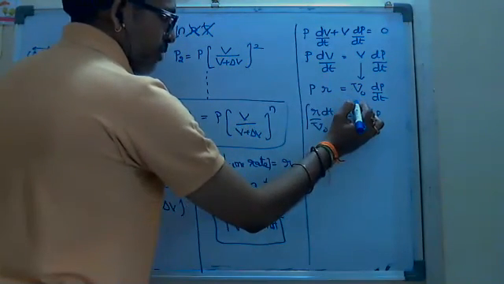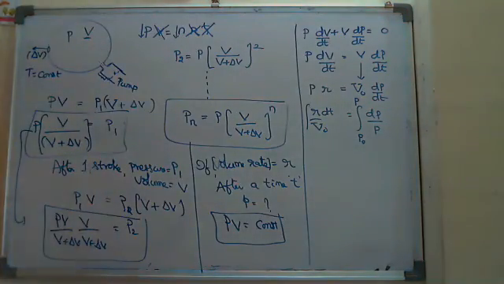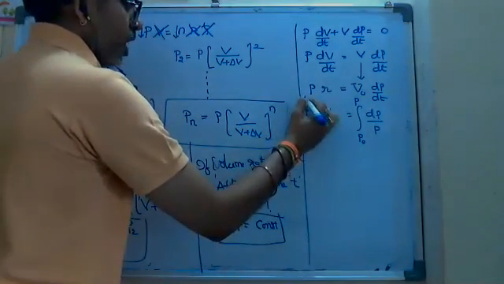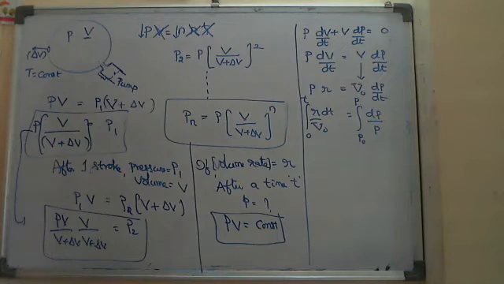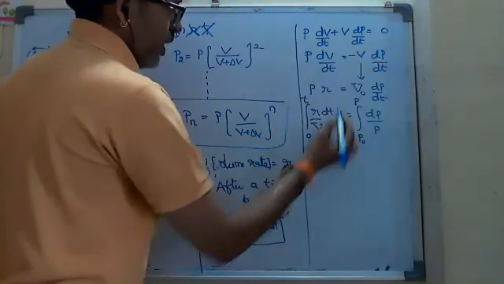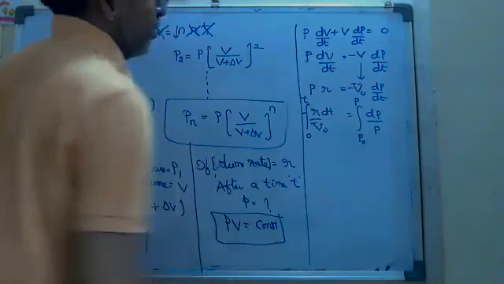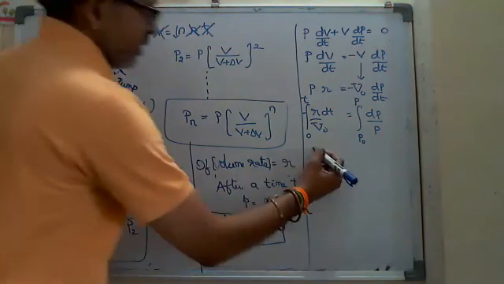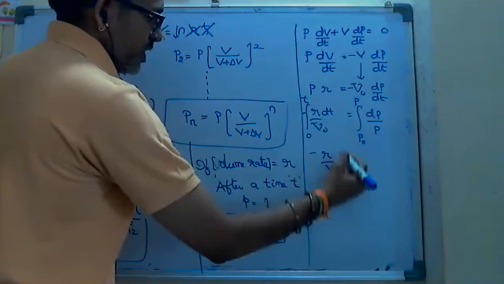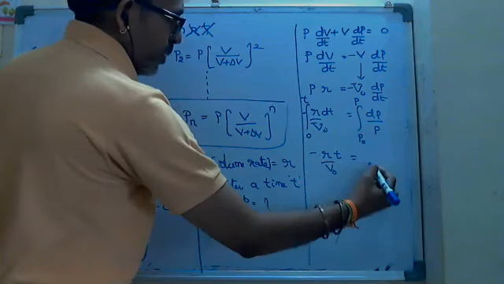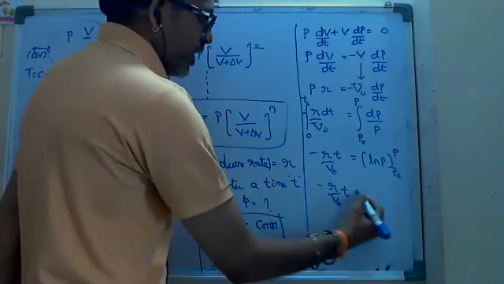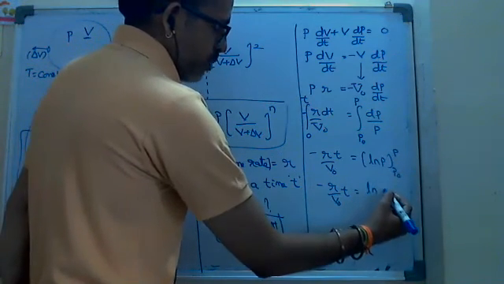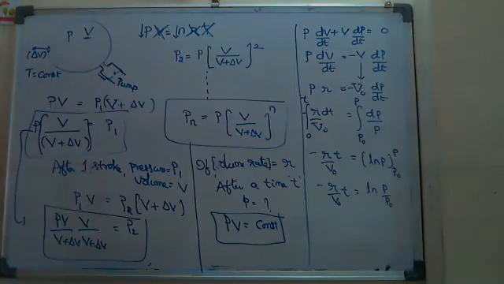After a certain number of strokes, the pressure drops to P. That P only he is asking, from the initial time 0 to a time T. Here I have to write a minus sign, and here also a minus, right. So this is minus R by V naught into dt, whose integration is t, equals dP by P, which is log P in the limits P naught to P. After substitution you get minus R by V naught into t equals log P minus log P naught, that is log of P by P naught. So simple. What he is asking is pressure.